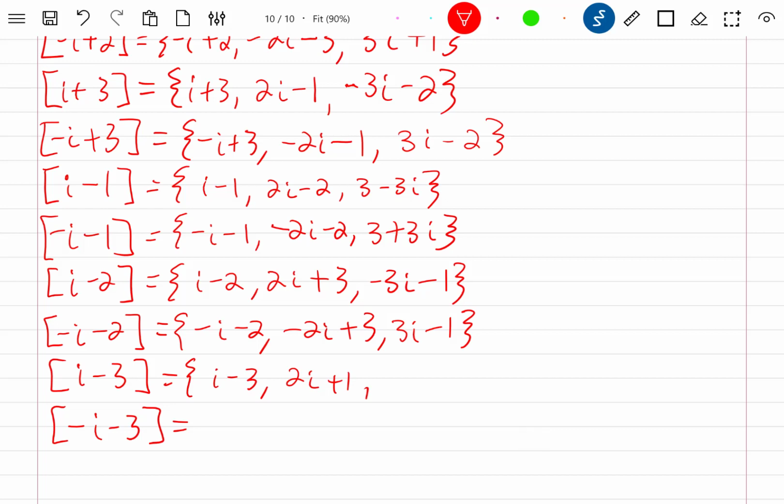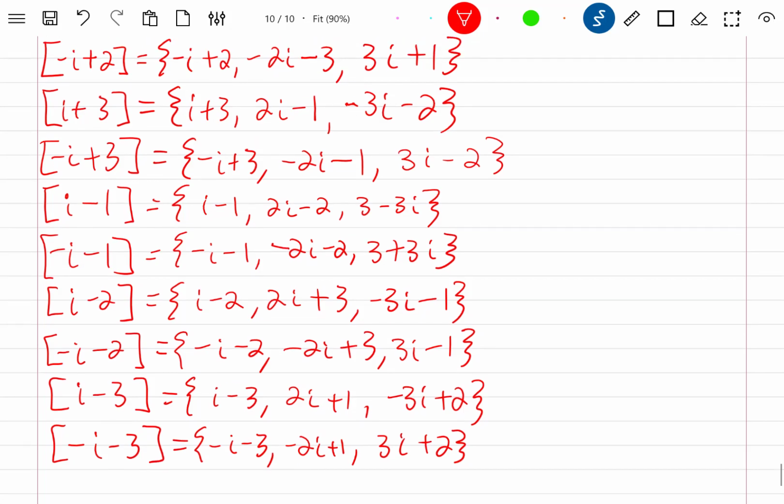And then multiply by negative 3 should give me negative 3i. So 9 is the same as 2 plus 2. And then here, multiply by 1, multiply by 2, this should be minus 2i plus 1, and then multiply by negative 3, I should just get 3i plus 2.